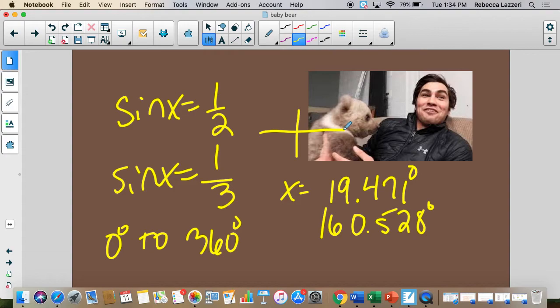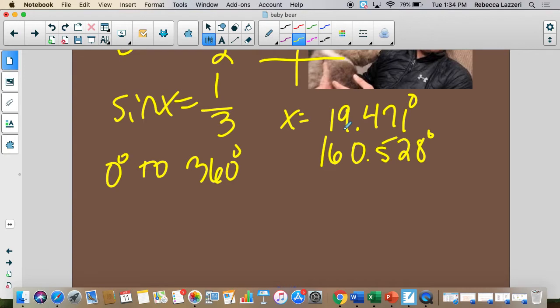All right, I'm going to give you another one to try. Cosine of x equals negative 1/3. Try that one. All right, the first one you get, probably good to go, 109.47.